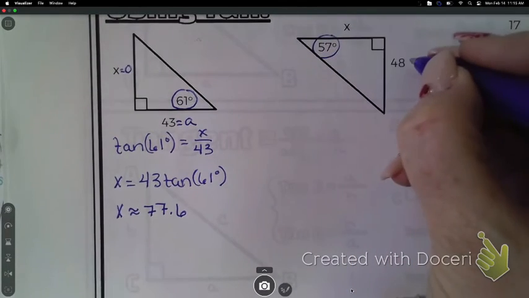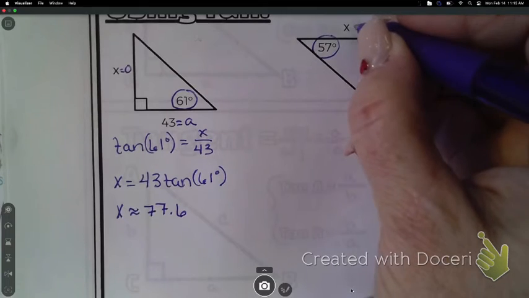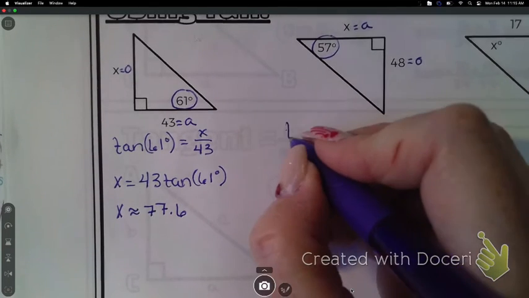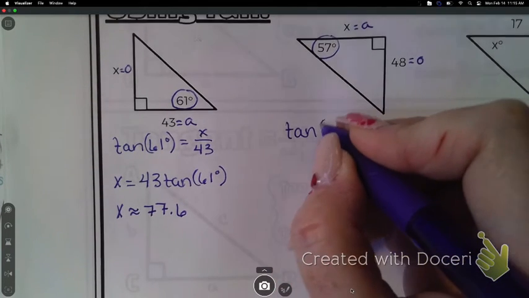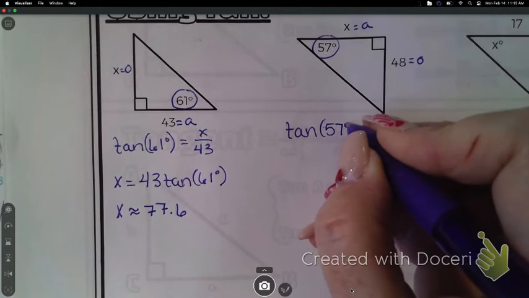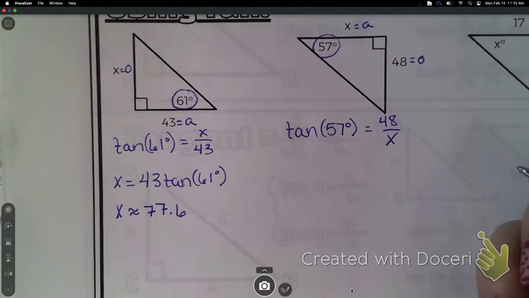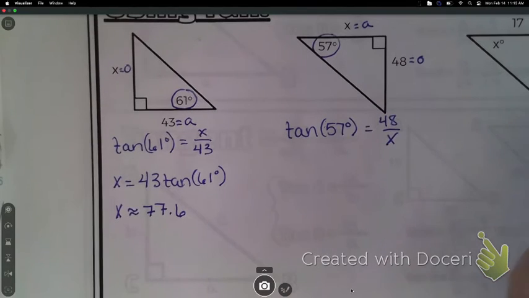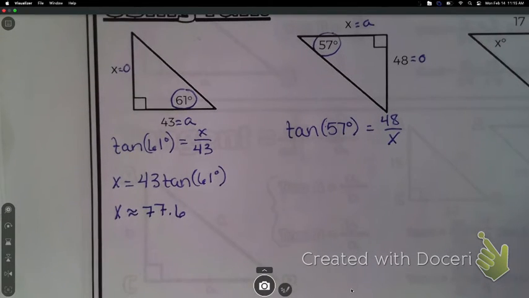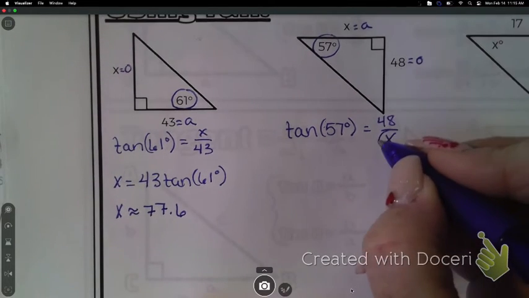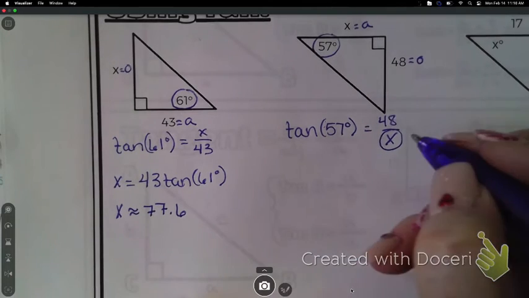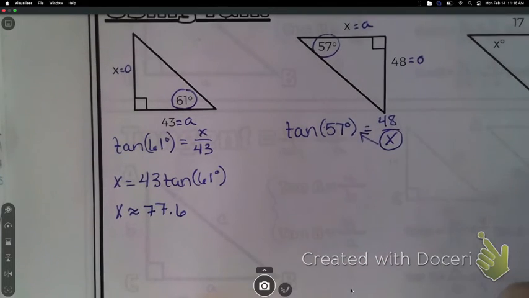So we have 57, we have the opposite, and we have the adjacent. So we have tangent of 57 degrees equals 48 over x. Cooper, how am I going to solve that? I know 48 is going to be in front of the tangent. Yes, it is. I need to get the x out of the denominator, so I multiply by x.